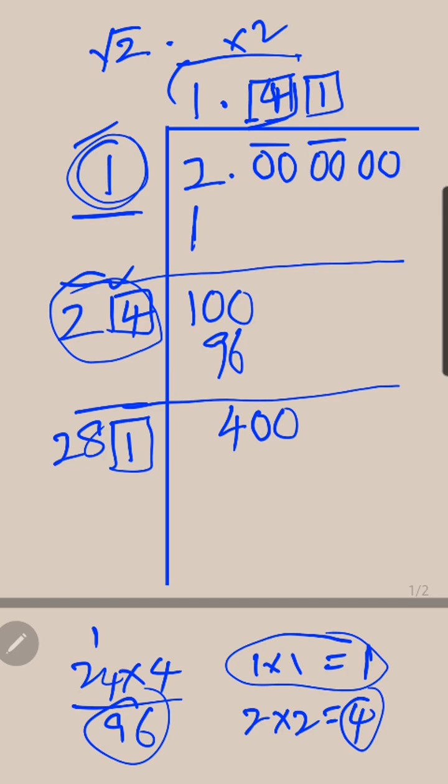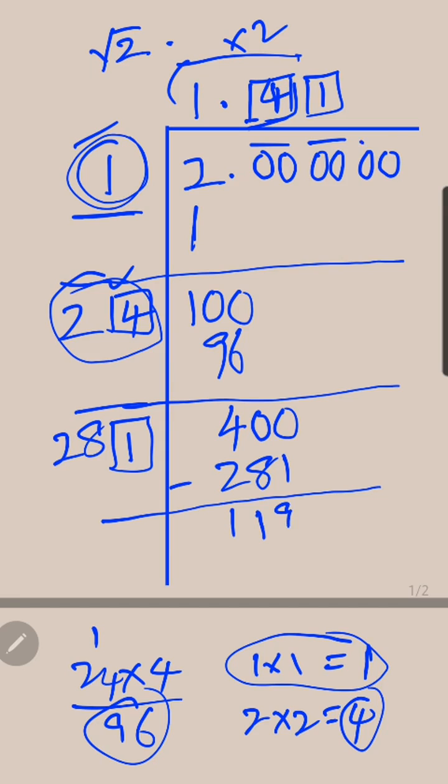So 1 281 is 281, and we do not take 2 because 282 is more than 400, so the reason is 1. So 281 is this one. If I subtract these two, I'll get 119. So I am getting 119 after subtracting.